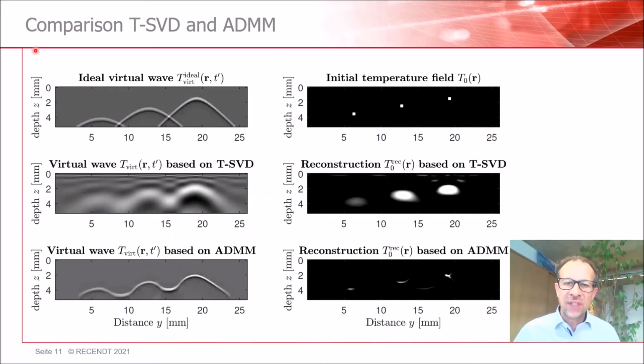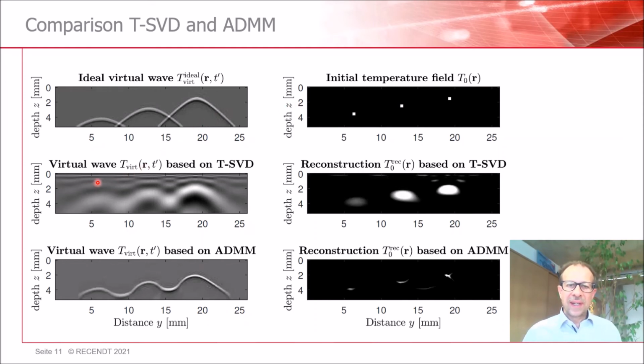Now we have used these virtual waves to reconstruct the initial temperature distribution. At the top you see an ideal virtual wave, so without any blurring, from numerical simulations. And if you take these virtual waves using FSAFT, you can reconstruct the initial temperature field quite well. You see these 3 spots.